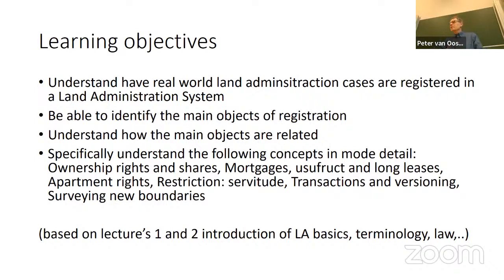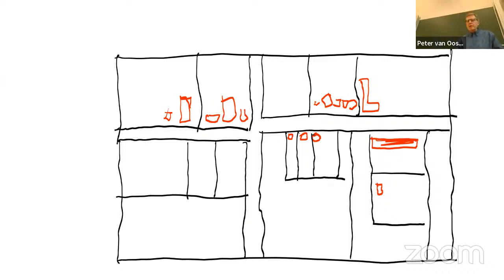This is based on the earlier knowledge about the legal foundation of land administration terminology, which was introduced in lectures 1 and 2. So this is a small real-world town, municipality, little village. There are some roads, some buildings, some parcels.